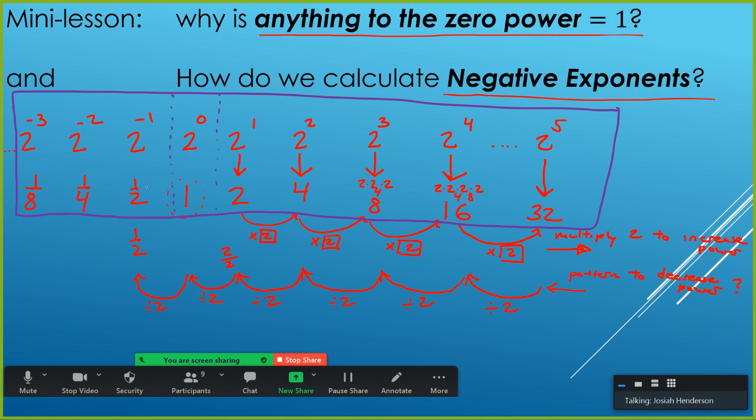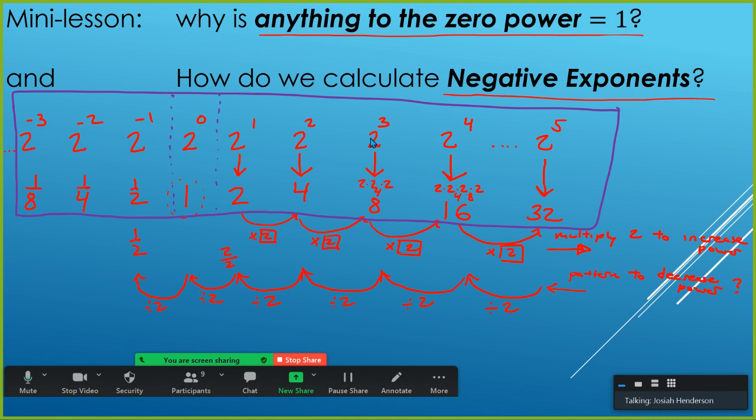So we see 1/2 and 2, 1/4 and 4, 1/8 and 8. And if we had to show 2 to the negative 4, that would be 1/16. 2 to the negative 5, 1 over 32. So if you can do the positive powers, the negative powers are just 1 over its match on the positive side.